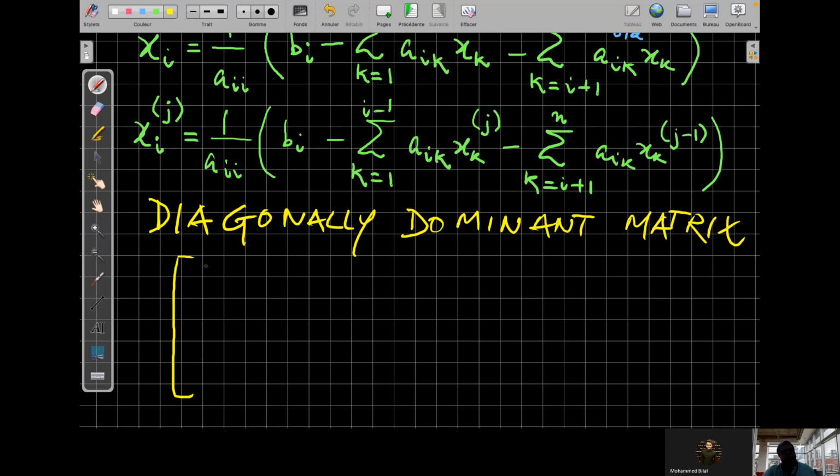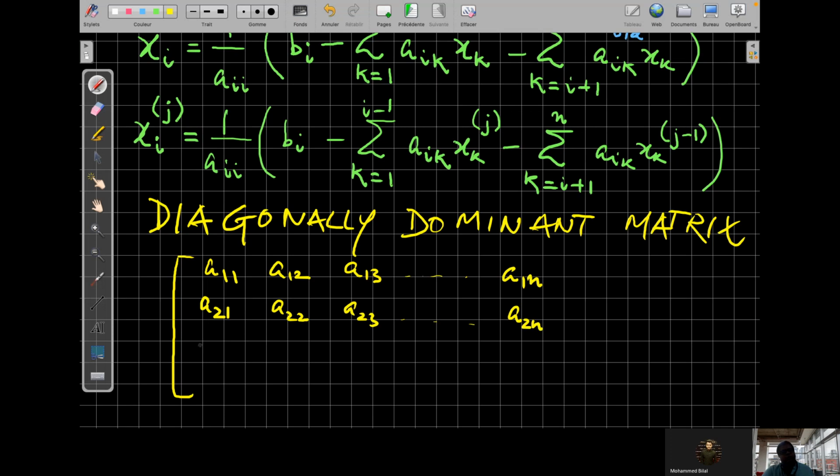If I am going to write a matrix like this: A11, A12, A13, and so on and so forth, up to A1n. Forgive me for that. In the second row: A21, A22, A23, and so on, up to A2n.